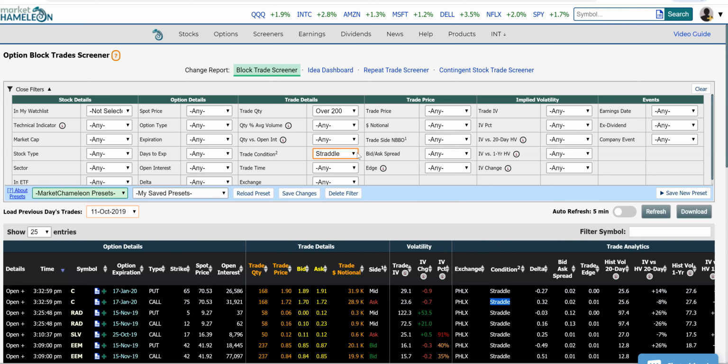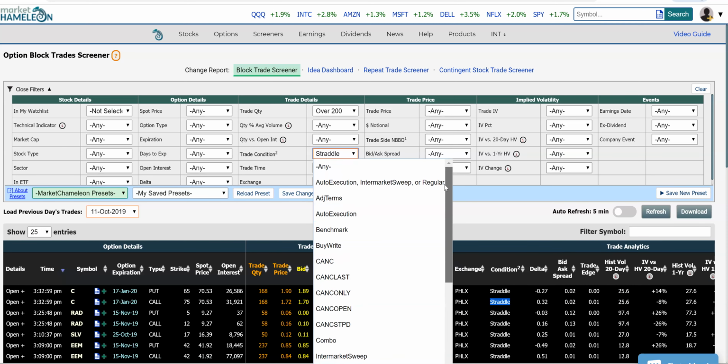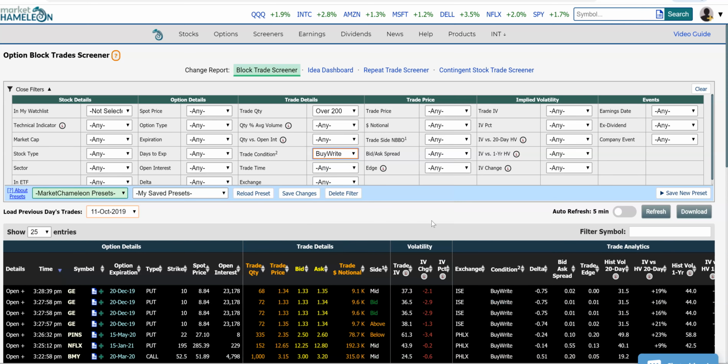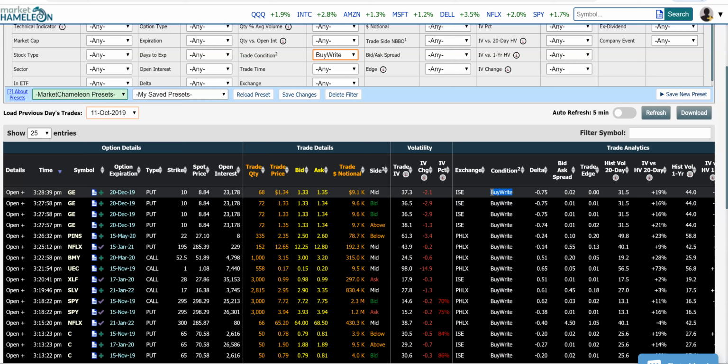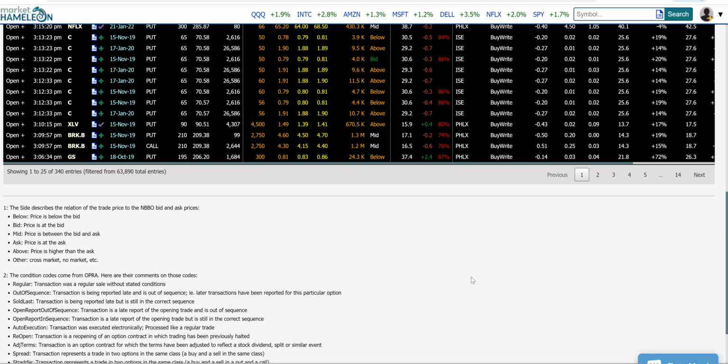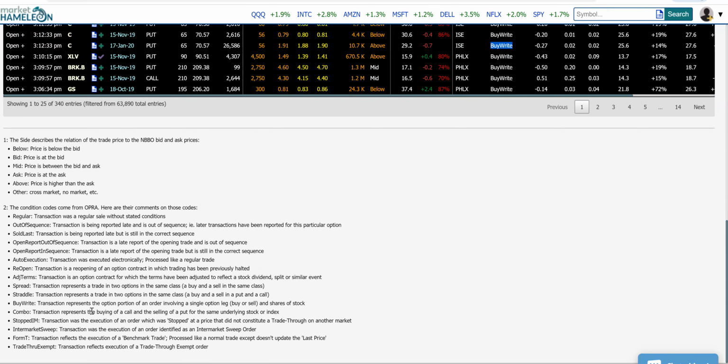Now, the next one that I wanted to mention here is a buy right. So this is a buy right condition. Now, this here is not a buy right as you would imagine, like a covered call. The way the exchanges identify this buy right condition is that it's an option with a stock component tied to it, but it doesn't necessarily need to be one for one.